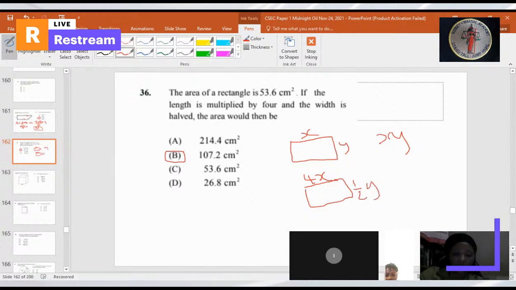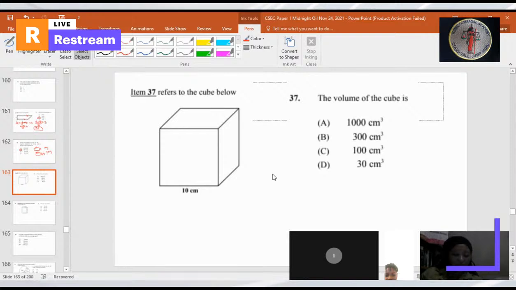So the new area would be what? 4x times half y, which is 2xy. So in effect, we doubled the area. You see that? The area was xy, now it is 2xy. So to multiply the length by 4 and divide the width by 2 is really to multiply the first area by 2. So that's why we just went ahead and multiplied this area by 2.